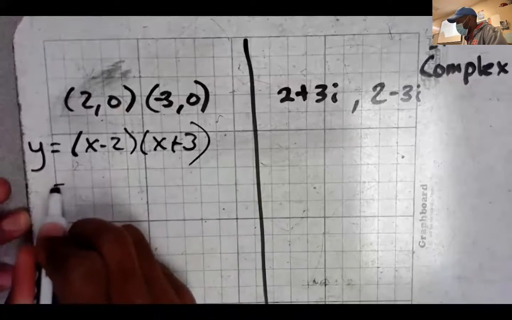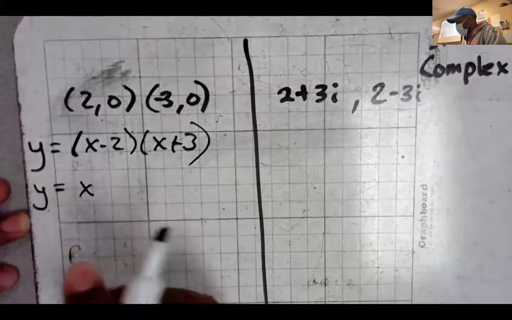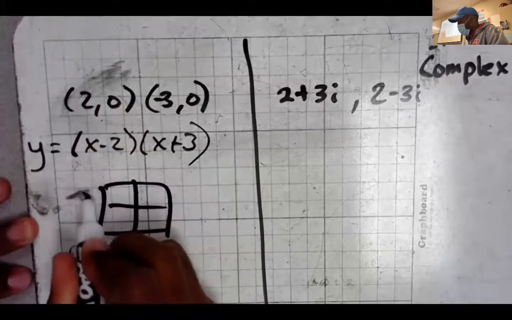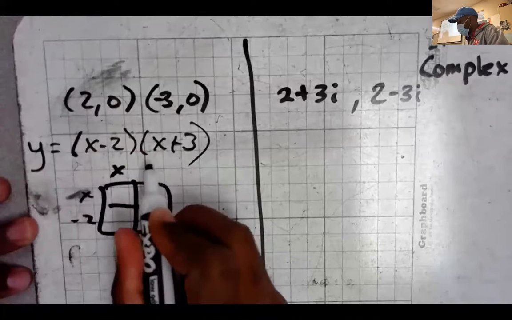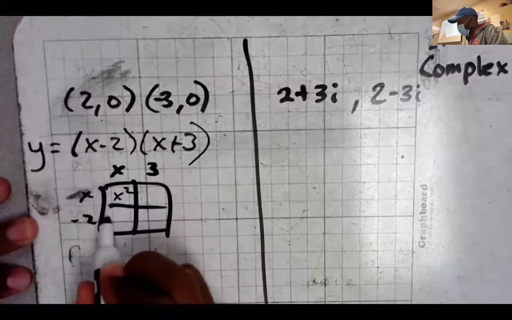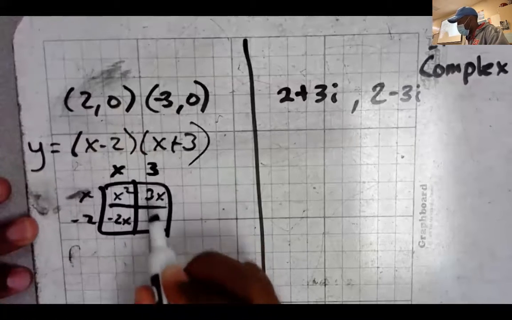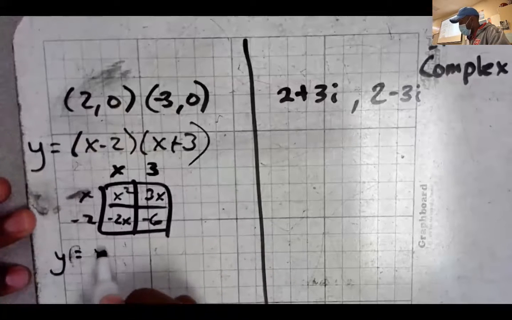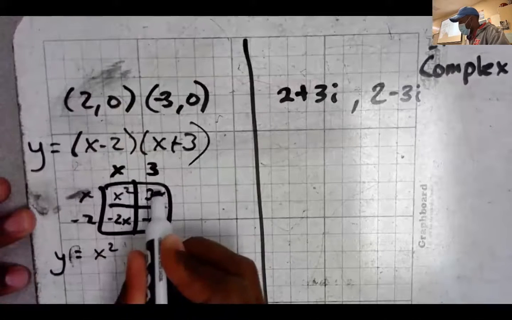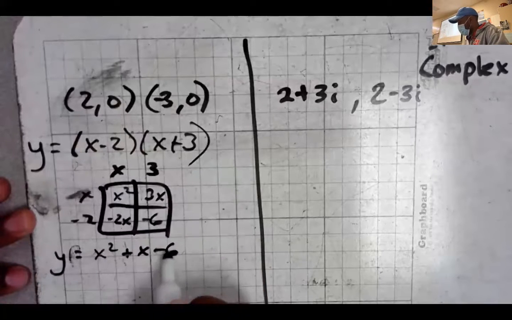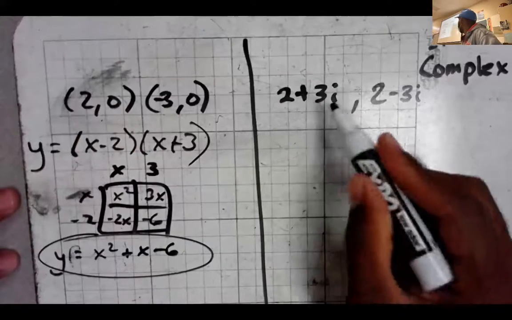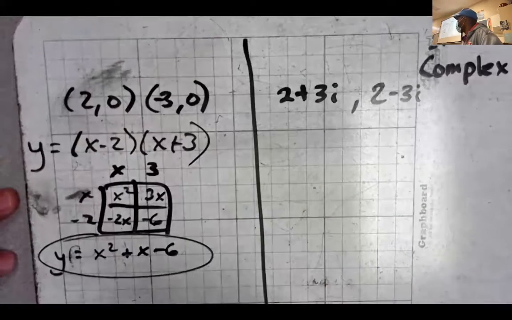Let me do the box right here real quick. Remember, my number's on the outside. x squared minus 2x, 3x, negative 6, and then add all those up. x squared, 3 minus 2, x, and then minus 6, right?